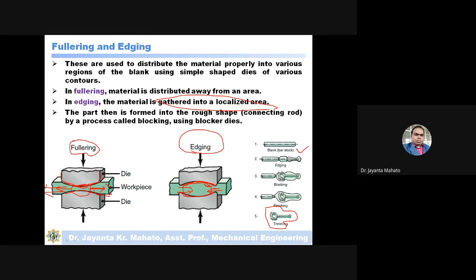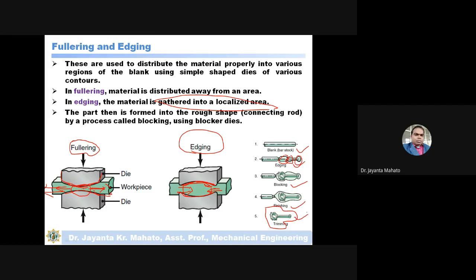First is the blank. Then you perform the edging portion. Edging means the material is collecting here, and here also the material is collecting. So this is the edging operation, then blocking, which is another type of operation, and then finishing.